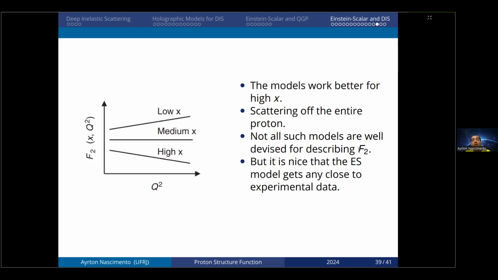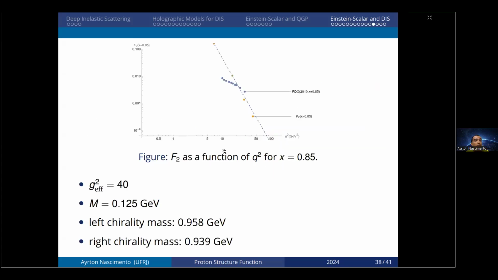You saw that the other models I talked about can be fitted really well to experimental data, but a holographic model like the one I used did not fit that well. Still, it is really interesting that it gets close to some experimental points: you have this point, and this point gets close to this.